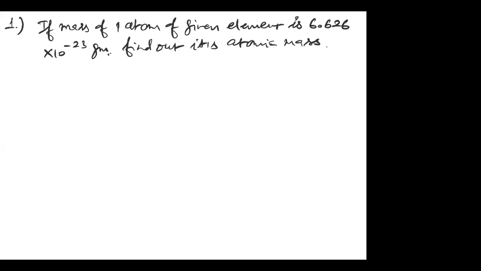So let's say here we have two methods to find out its atomic mass. Method one is by definition of atomic mass.